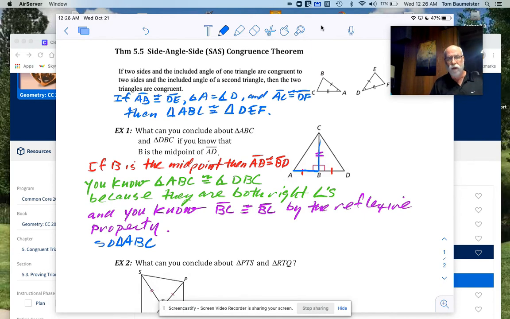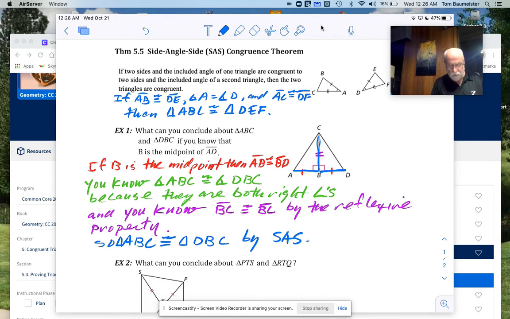You have to follow the same path, ladies and gentlemen. So I'm going to go D, B, C, following the same path through the side marked once, through the angle, to the side marked twice. So triangle ABC is congruent to triangle DBC, by side angle side.